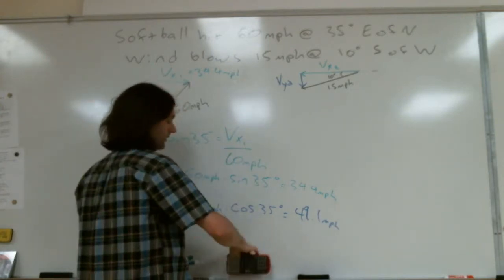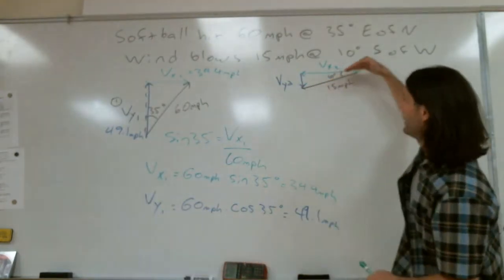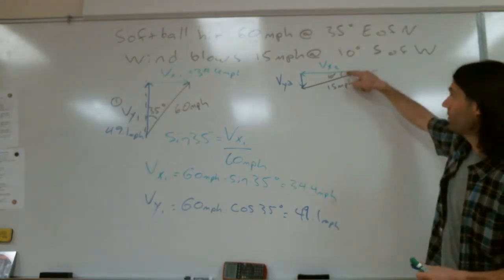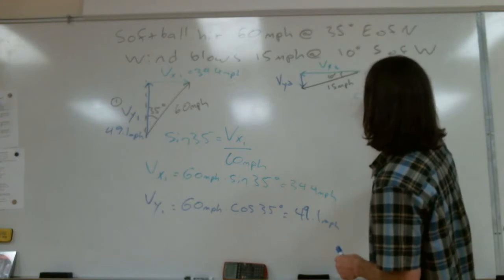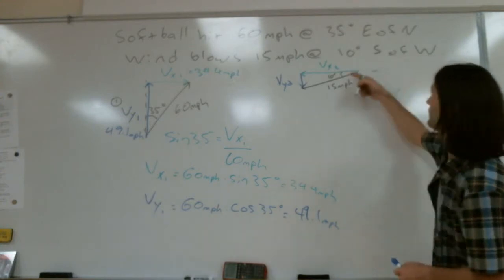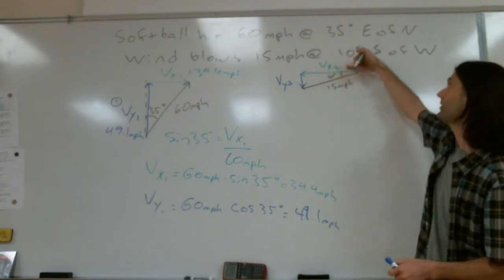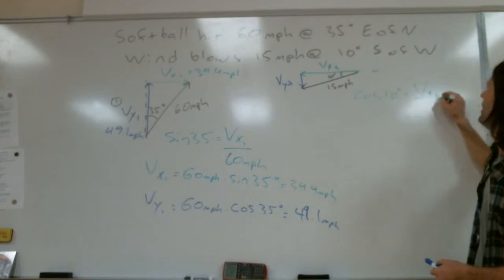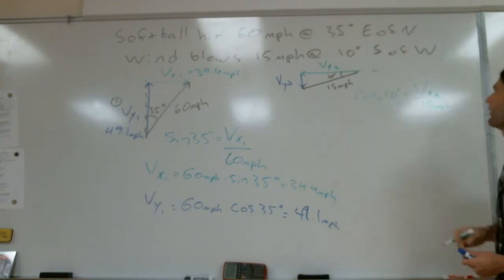So to do the math on this triangle, to do the x now, the x is adjacent in this case. So we have a cosine function for the x. So the cos of 10 degrees for this particular triangle is the same thing as the adjacent side, the Vx2, over the hypotenuse, which is 15 miles per hour.